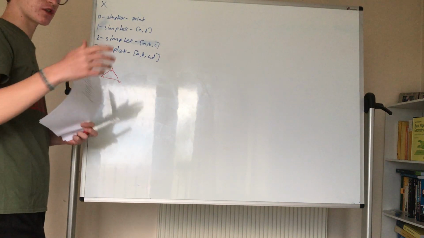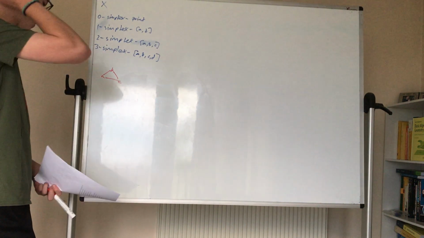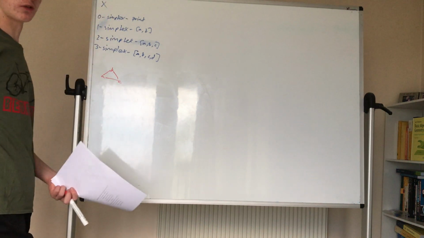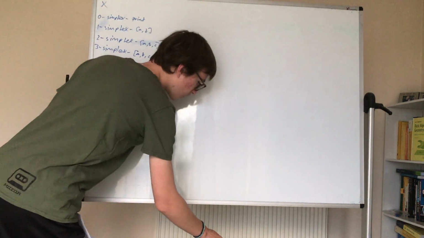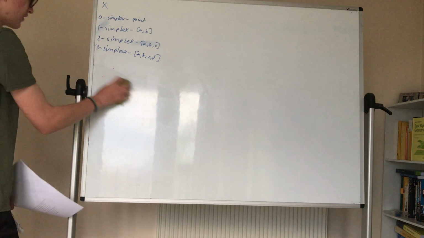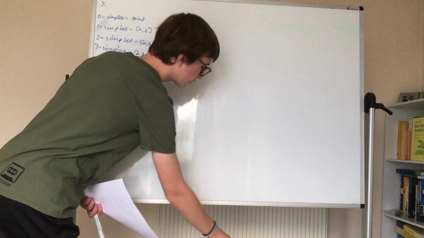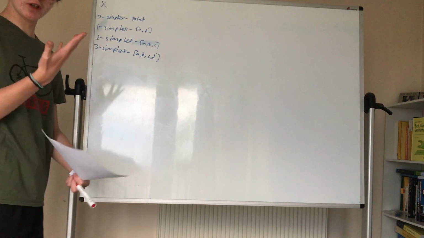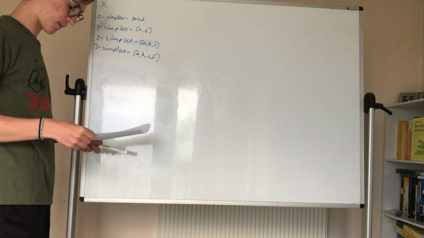So we want to measure the extent to which this is true in any simplicial complex X. Okay, so that's quite a natural question to ask, and it turns out that homology is the best way to do so.